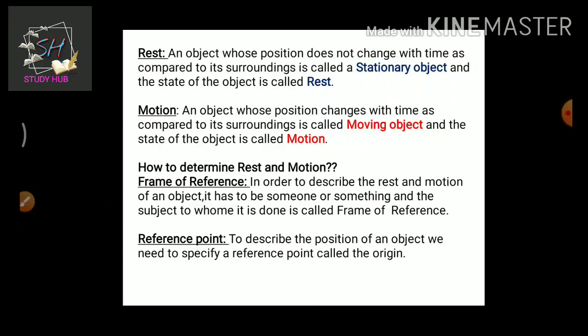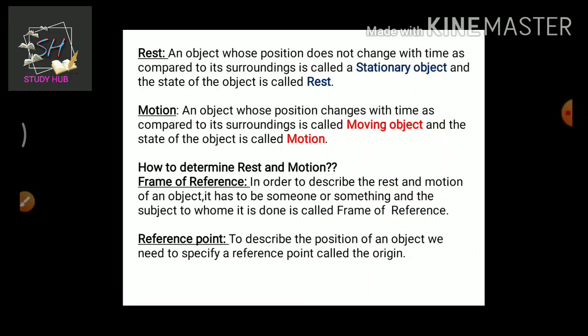Now note one thing, that rest and motion are relative. What does that mean? We take another example. Suppose a passenger sitting on a moving bus is at rest with respect to his co-passenger. Co-passenger means the other passenger in the bus.